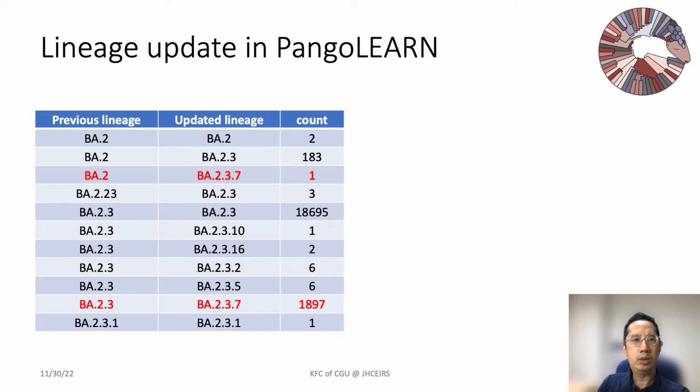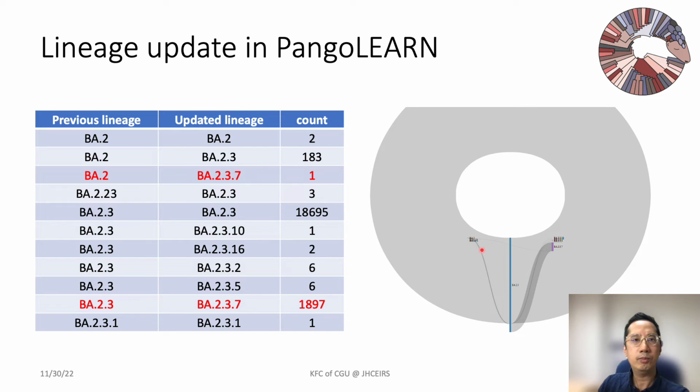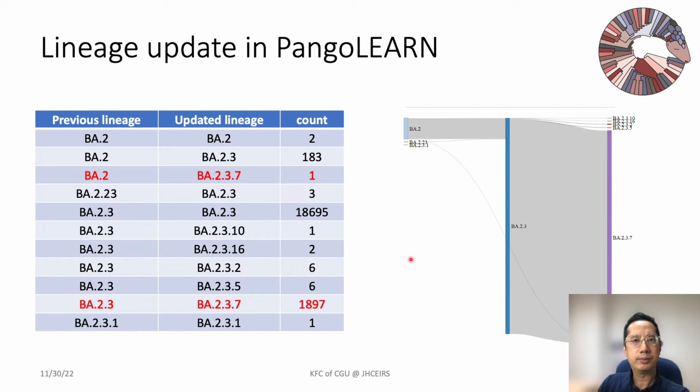So let's take a deeper look into the different lineage distributions. First is BA.2.3. Most of them stay the same and are not updated in our databases.